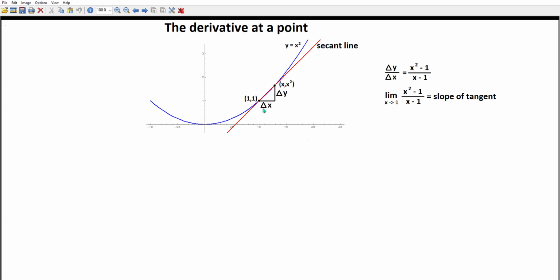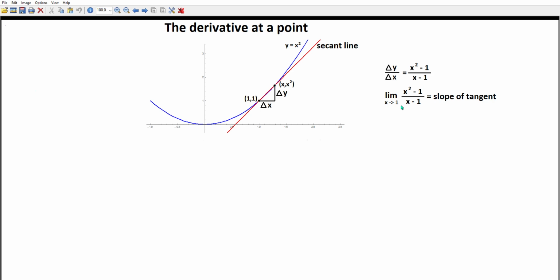We calculated its slope, delta y over delta x, where delta y was x squared minus 1, and delta x was x minus 1. And we wrote this expression that said the limit as x goes to 1 of (x squared minus 1) over (x minus 1) is the slope of the tangent.